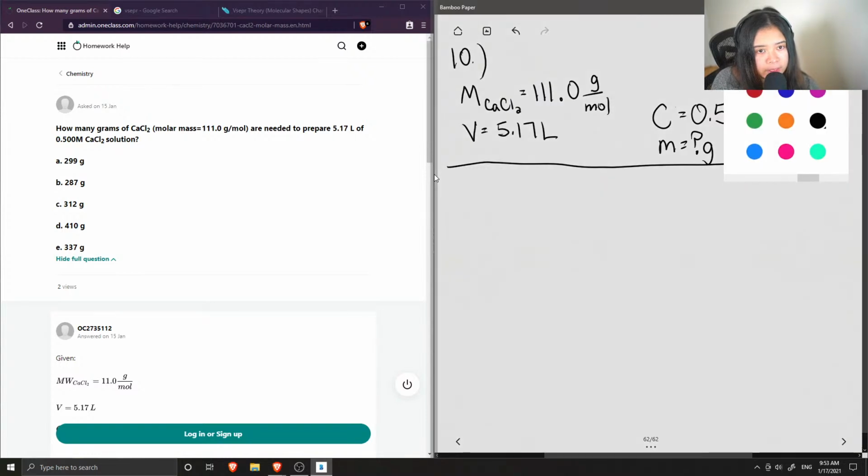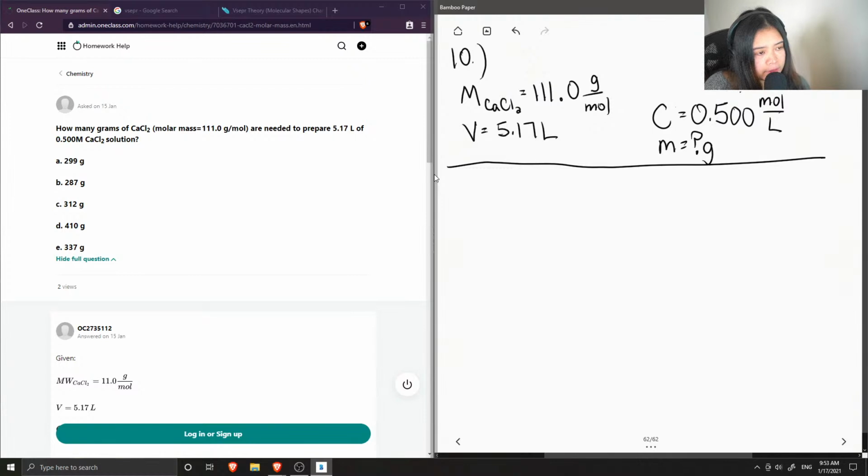Okay, so we wrote down everything that's given, so let's try to break it up into the different steps. So step 1 is to find your number of moles needed in the solution.